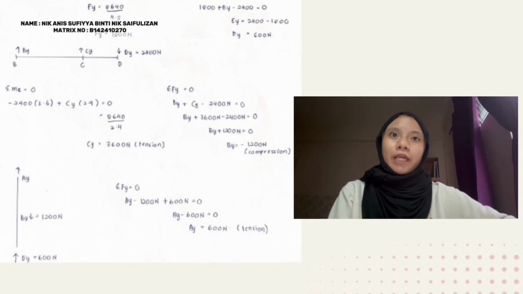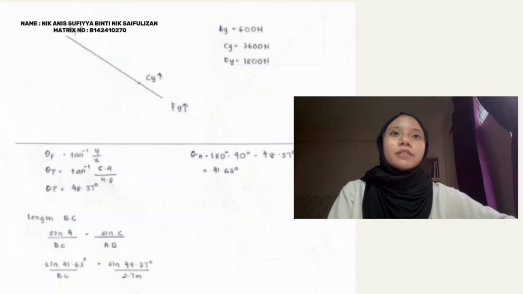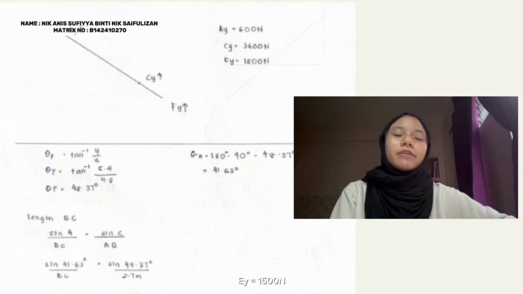So Ay minus 1,200 Newton plus 600 Newton equal to 0, and Ay will be 600 Newton, which is a tension. Then we combine all the answers: Ay is equal to 600, Cy equal to 3,600 Newton, and Ey equal to 1,800 Newton.